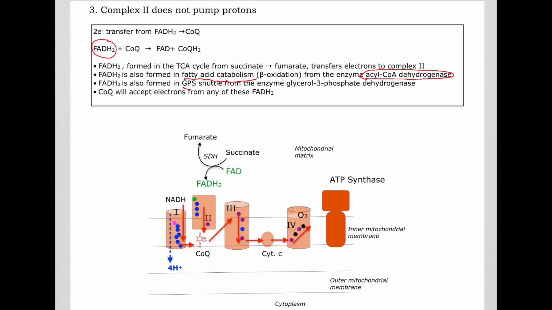In the GPS shuttle, FADH2 is formed by the enzyme glycerol 3-phosphate dehydrogenase. In all these cases, coenzyme Q is the acceptor of these electrons that come from FADH2. So FADH2 will send its electrons to coenzyme Q. It will bypass complex 1.